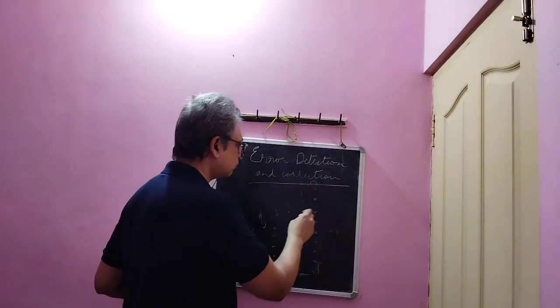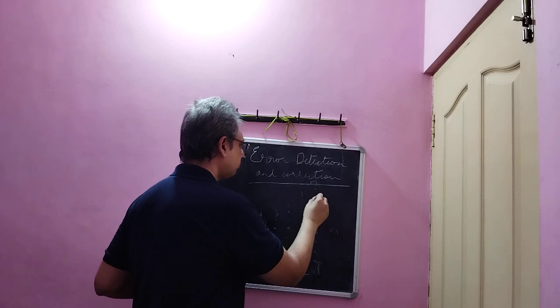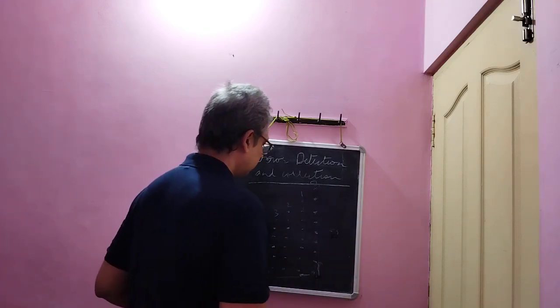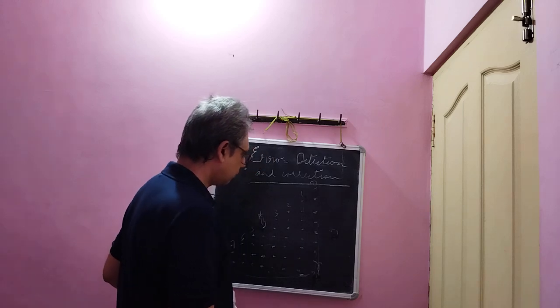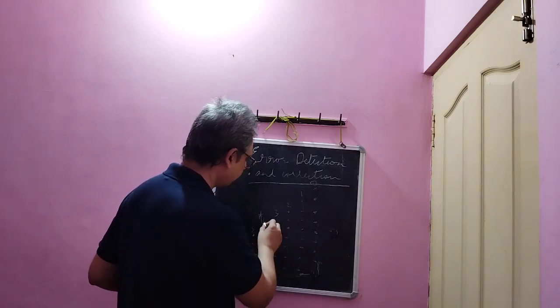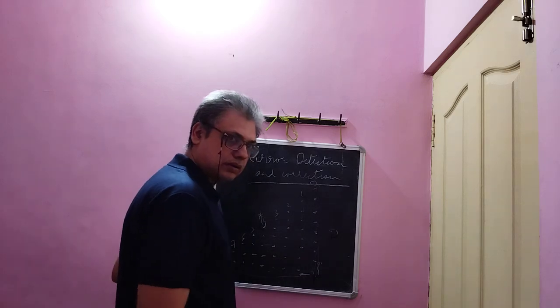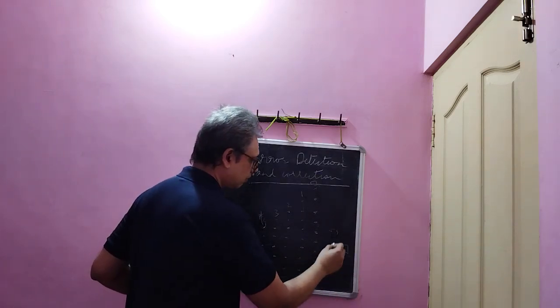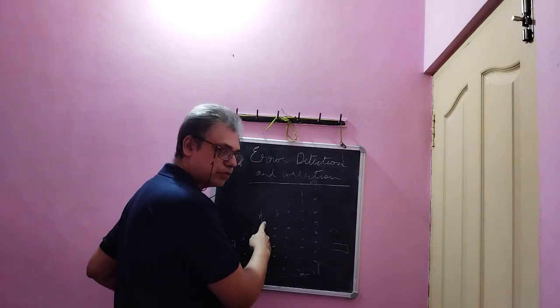Other strategies can also be adopted. This is a simple idea. Now once we come to this part, any path that goes to 4, any 8-bit message which goes to 4 will be coded as 4.